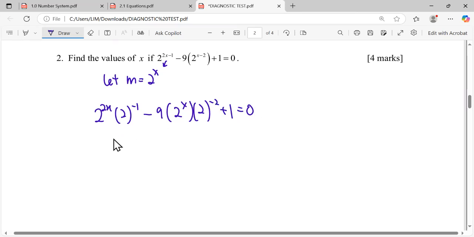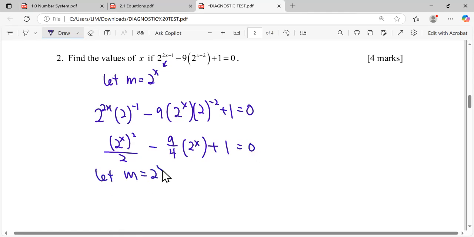So here we have 2 to the power of x, power 2, divided by 2. And this is negative 9 over 4 times 2 to the power x, plus 1 equals to 0. Then only we can start to let m equal to 2 to the power x. We get m squared over 2 minus 9 over 4 m plus 1 equals to 0.